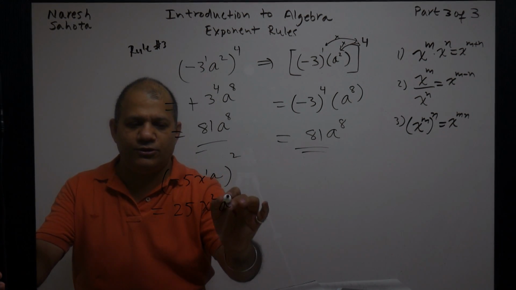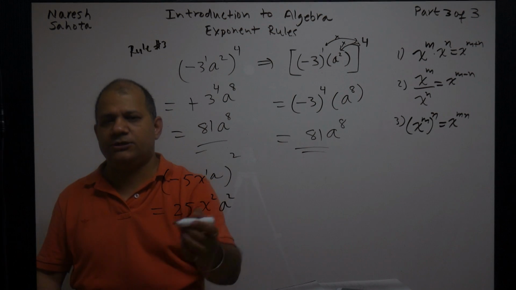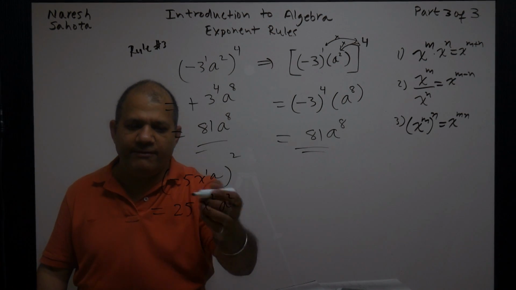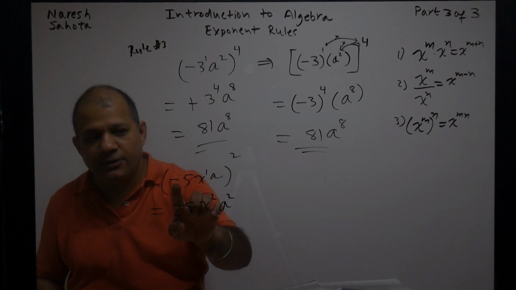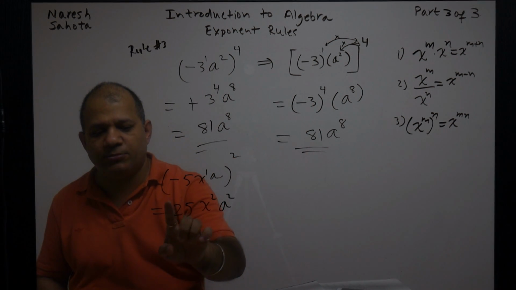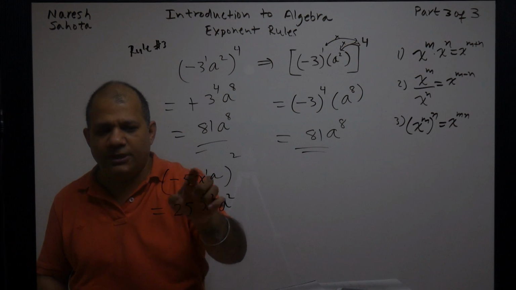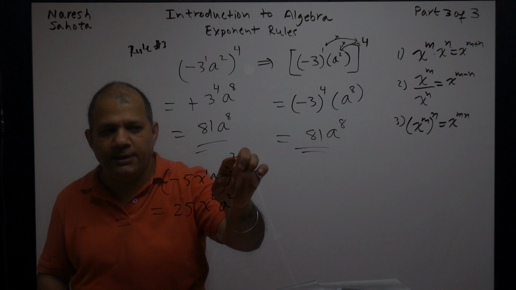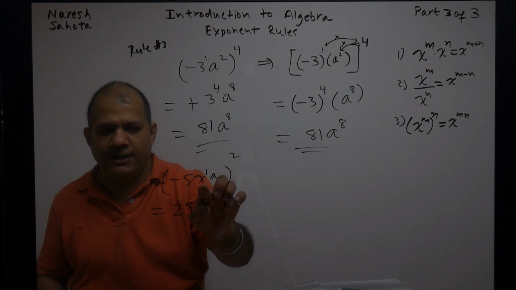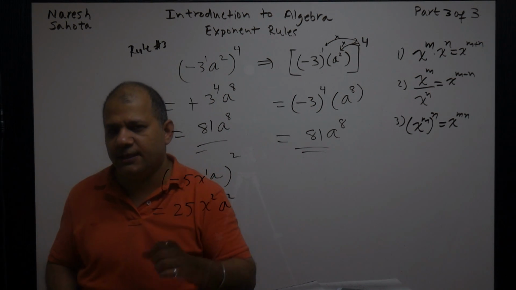A, 1 times 2 is 2. So 25 x to the 2, a to the 2. So 25x squared, a squared. That's the answer, right? Once again, negative raised to an even exponent will give us a positive answer. So you can put the negative on the 5 and say -5 squared gives me positive 25. And the rest is the variable. That part is simple.